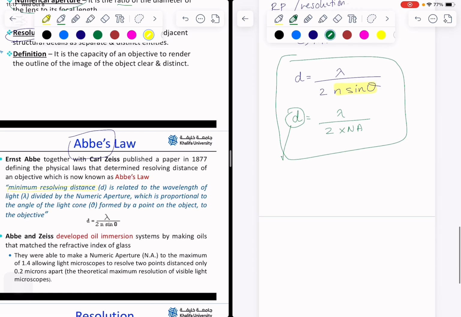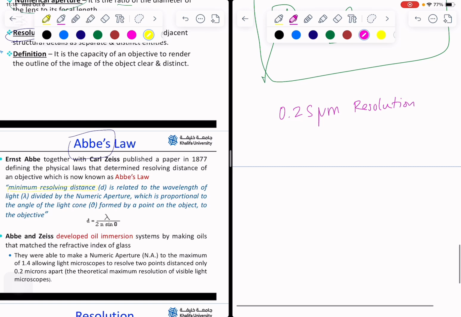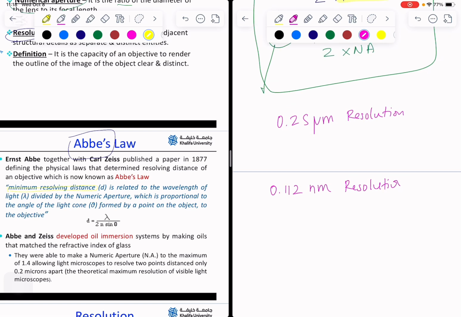So for example, I have a microscope that can give me a 0.25 micrometer resolution, and I have another microscope that gives me, for example, a 0.112 nanometer resolution. What do these numbers mean?